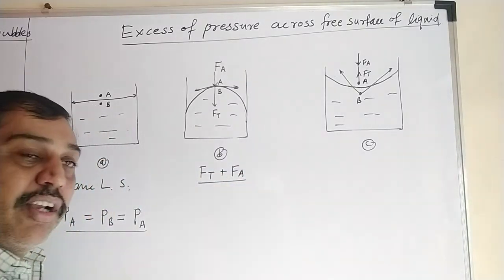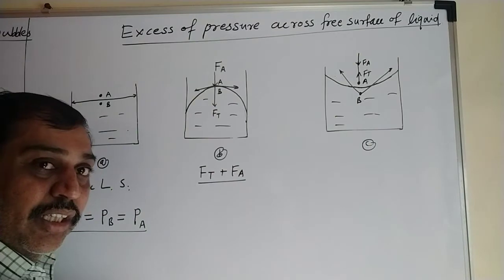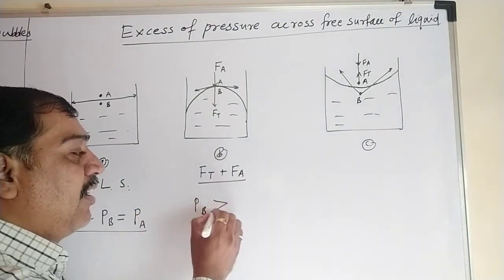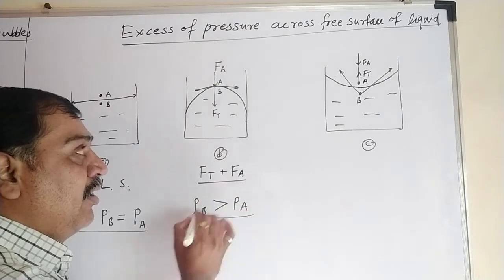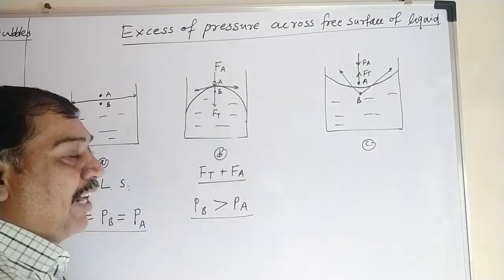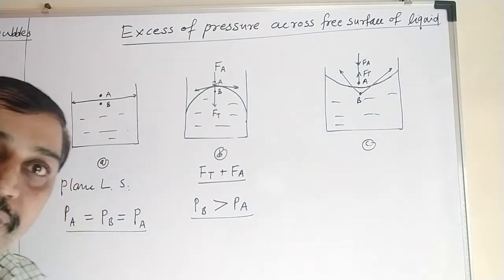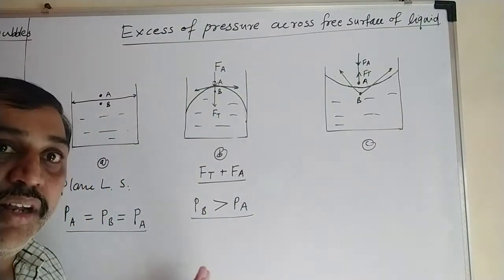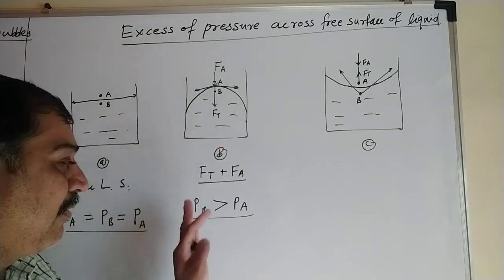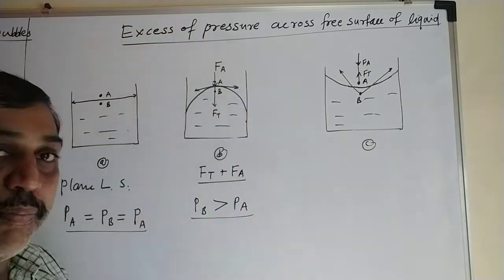That is the reason why pressure at B is greater than pressure at A here. Pressure at point B is greater than pressure at point A because the resultant force is moving inside the liquid, because this is mercury. It has larger cohesive forces. That's why pressure at B is always greater than pressure at A.